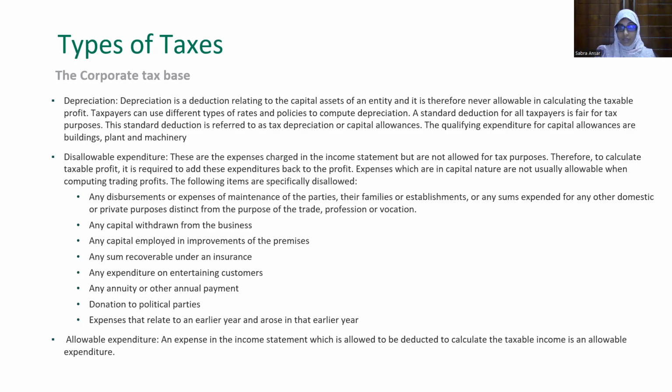But there are certain types of expenditures that are also listed and mentioned as disallowable, so that it's easy for any person who does the income taxation to understand that if there is some kind of expenditure related to these, they would know that these particular expenditures cannot be reduced.